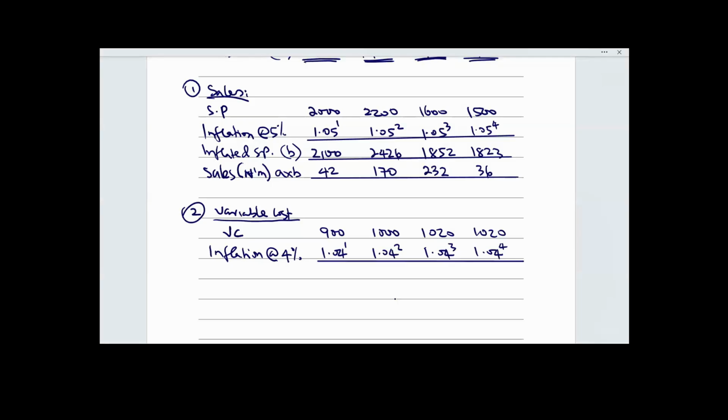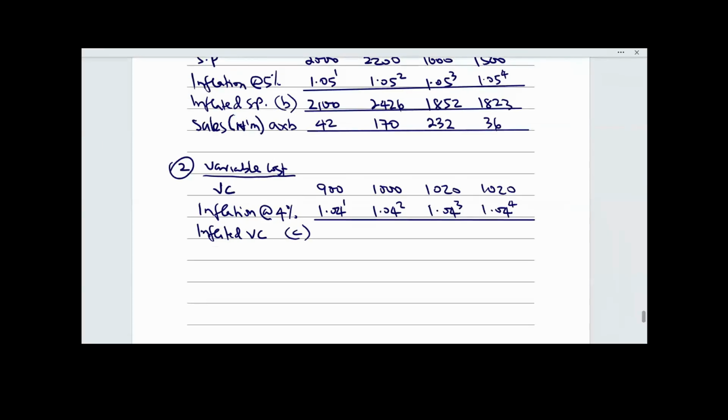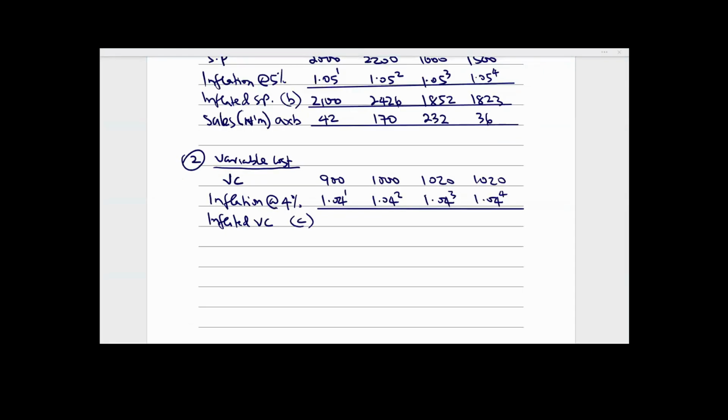We want to convert the real cash flow to money cash flow, so this will be the inflated variable cost. Let's call this one C. From your calculator, 1.04 raised to power 1, multiplied by 900, equals 936.